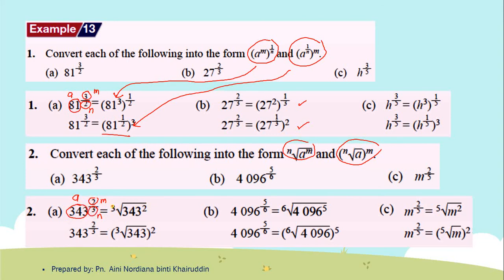So here is N, here is M. So this is the A. This is the first form and this is the answer for the second form. You just follow the form and change the value of N, A and M.